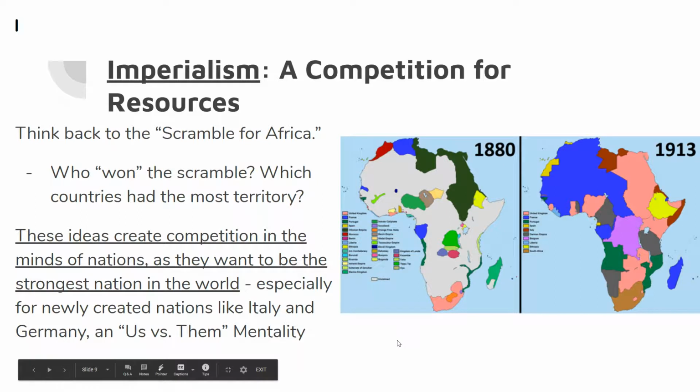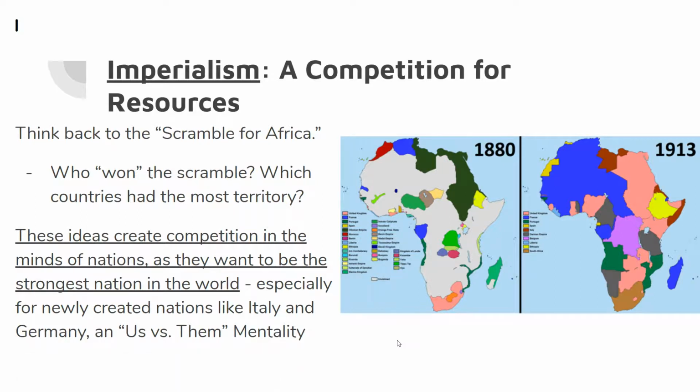So these ideas are going to end up creating competition between these nations, right? You've got the big winners, France and Britain, in an alliance together. And countries like Germany say, hey, wait a minute, why didn't we get as much as they did? We are this new powerful country. If we looked back at the military map, we have the strongest military, actually. Why didn't we get bigger chunks of Africa?